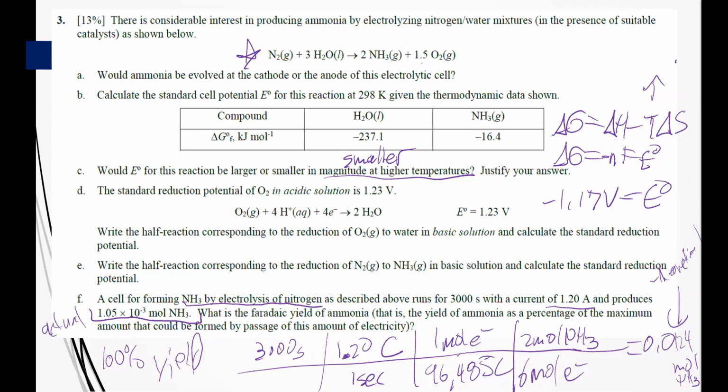But you're right, it should be our actual divided by our theoretical. So we should take the 1.05 times 10 to the minus 3 divided by our 0.0124, times 100%. We get about 8.4%.